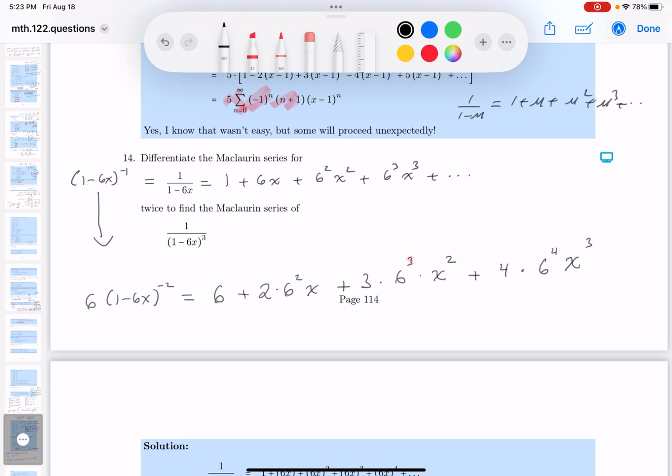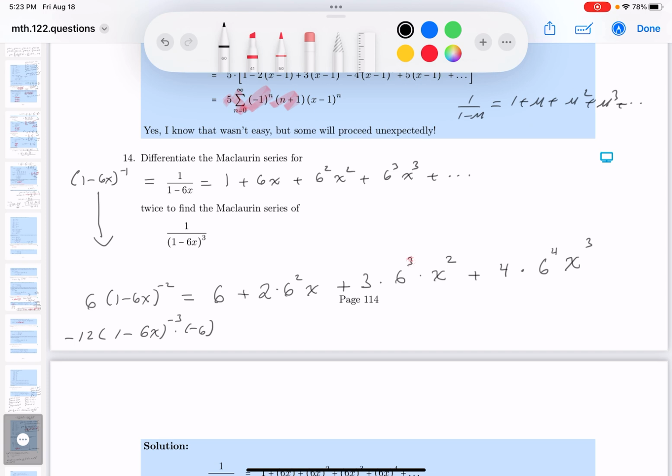So what do you get over here? Minus 2 times 1 minus 6x to the minus 3 times minus 6. Well, I think I can do that. And what do you get there? Let's be careful about that. You're going to get a positive number.